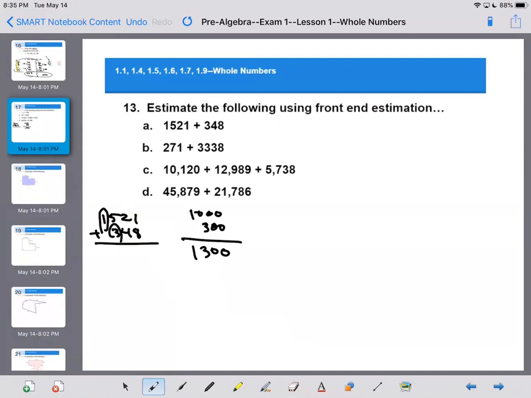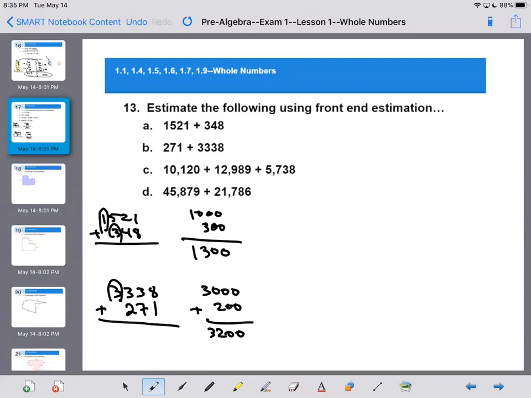Here we've got 3,338 and 271. These are all going to produce a low end when you look at the front end. 3,338, we would say 3,000. 271, we say 200. We know on the low end it's going to be 3,200.